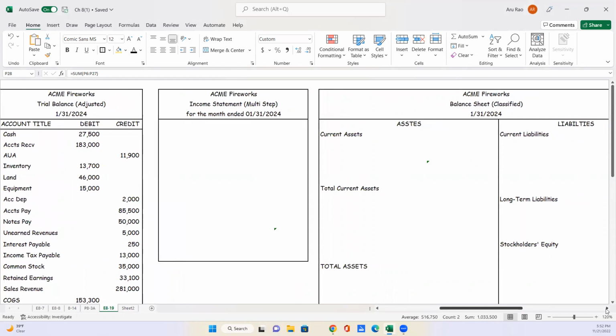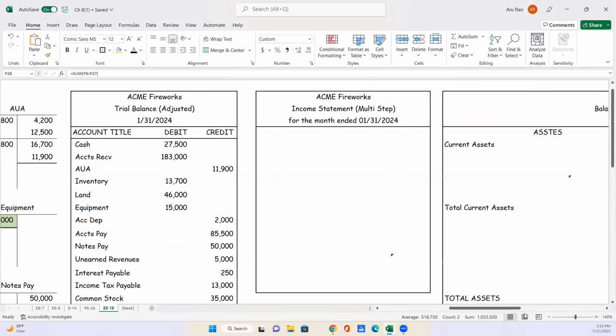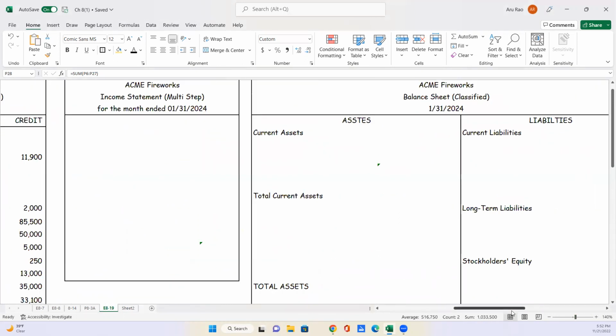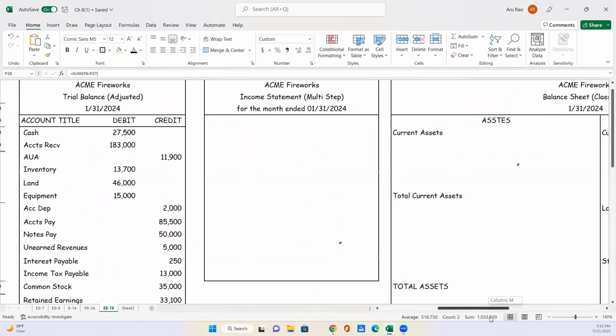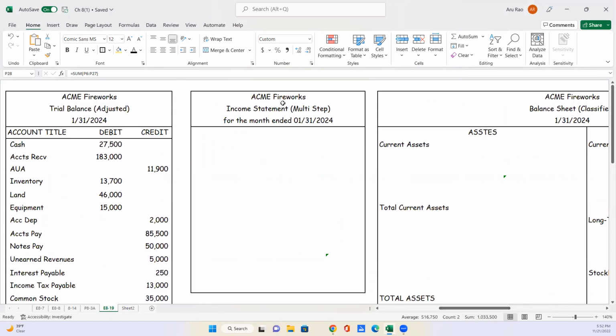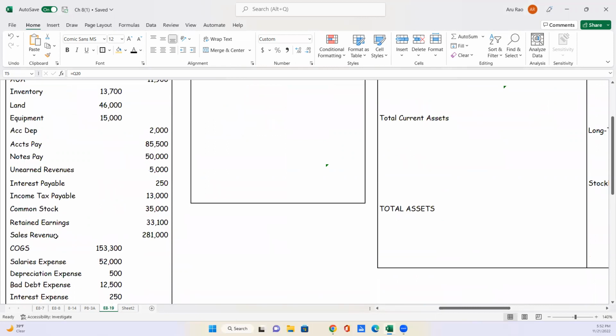I prefer keeping this as a larger font so you can see what I'm doing here. I will prepare my income statement first. We are preparing a multi-step income statement. In the multi-step income statement, as with all income statements, the starting point is always revenues. So my total revenues are 281, and you can see that number over here.